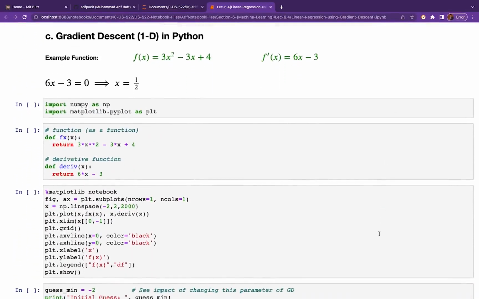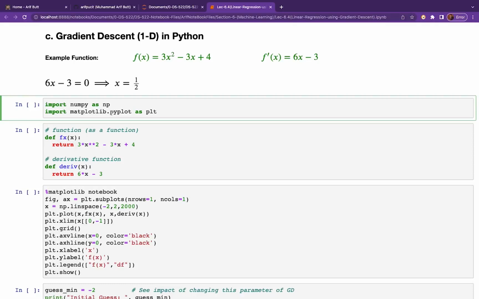My dear students, now we have a fair idea about the gradient descent algorithm at an abstract level. Let us make our hands dirty by practically implementing it in Python. Once again, consider this function 3x square minus 3x plus 4, whose derivative is 6x minus 3. And when we equate its derivative to 0 and solve for x, we get 1 over 2, which is the value of the minimum of this function.